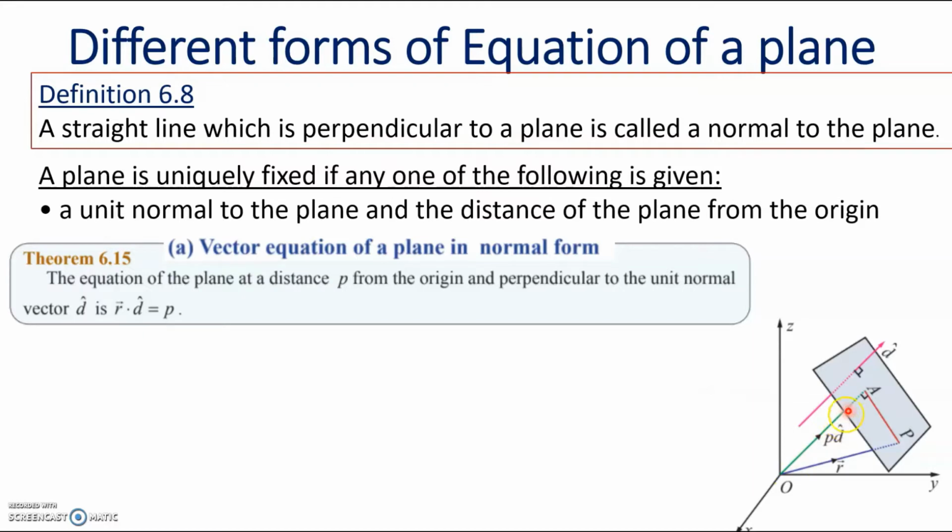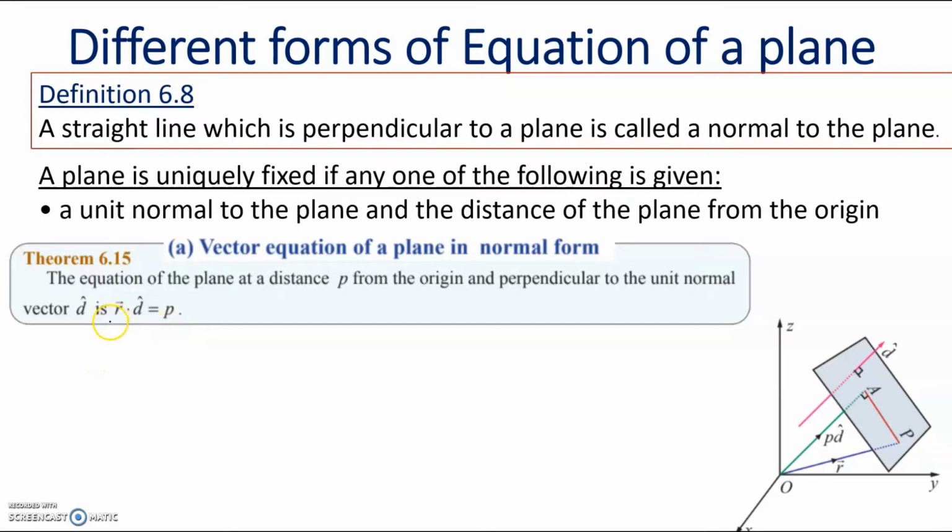You have p here, which is the distance from the origin to the plane, and you also have any given point on the plane as r, and you have the normal to the plane as d cap. Great. So when you're given these, you can define the plane using the vector equation, which is r vector dot product with d cap is equal to p.